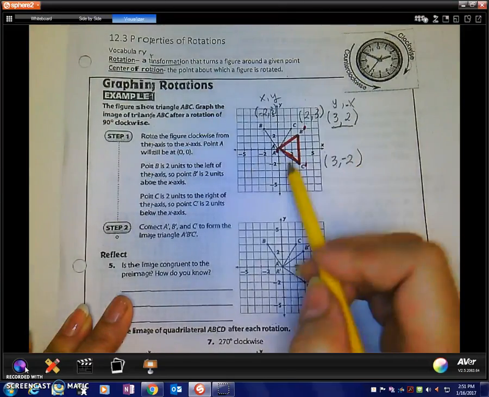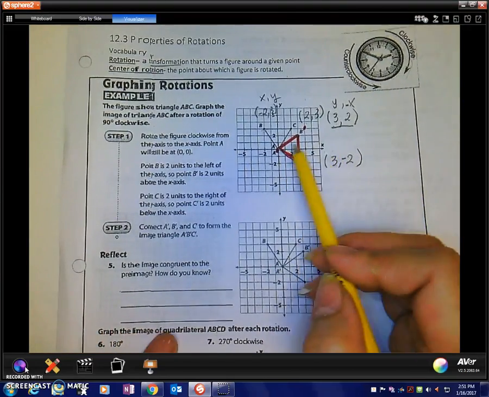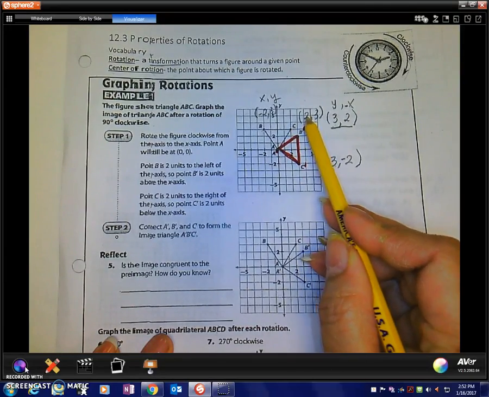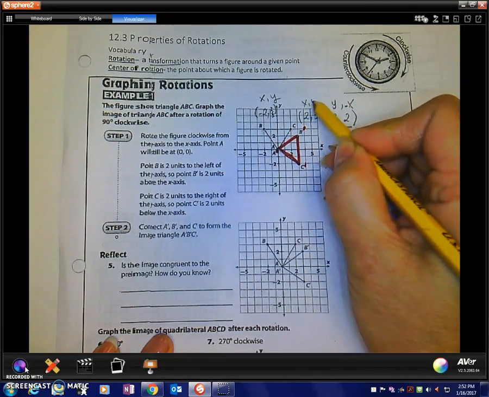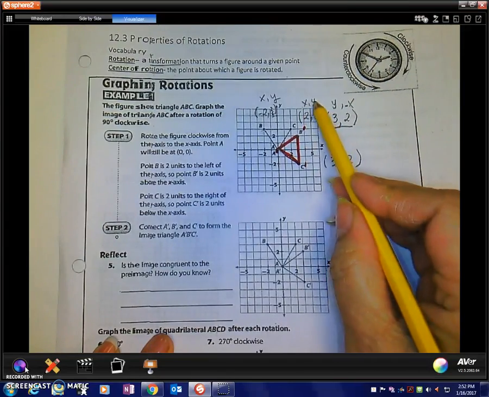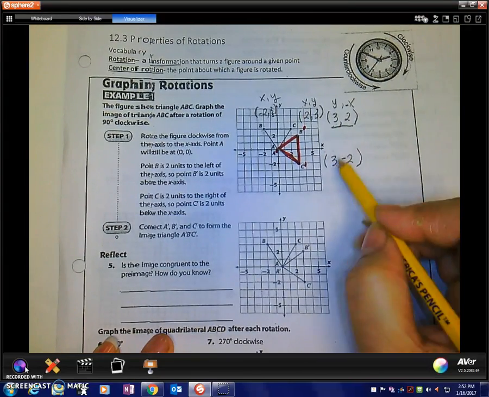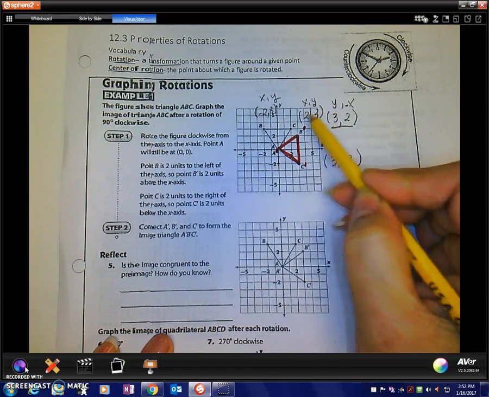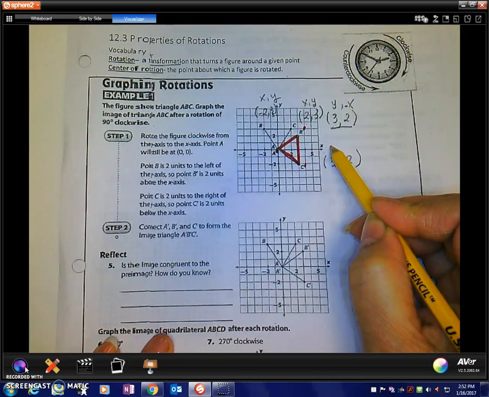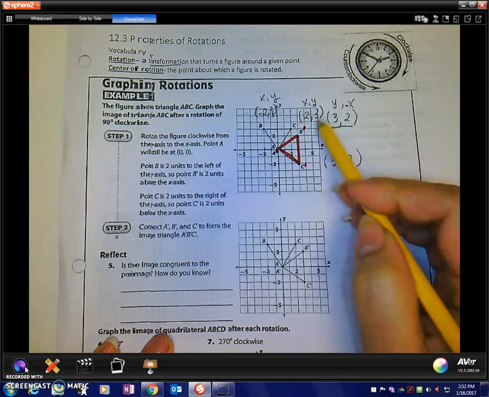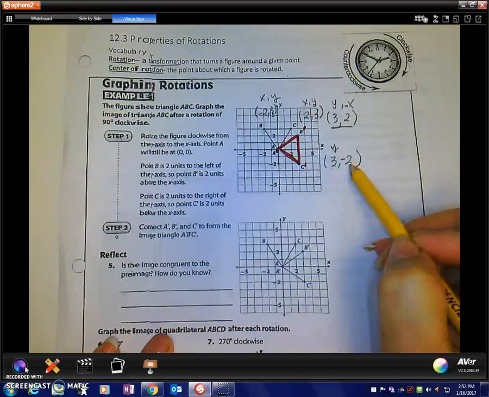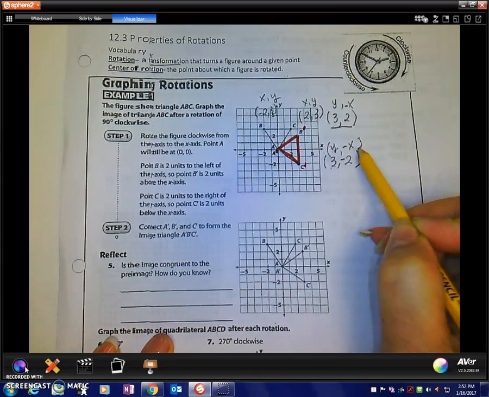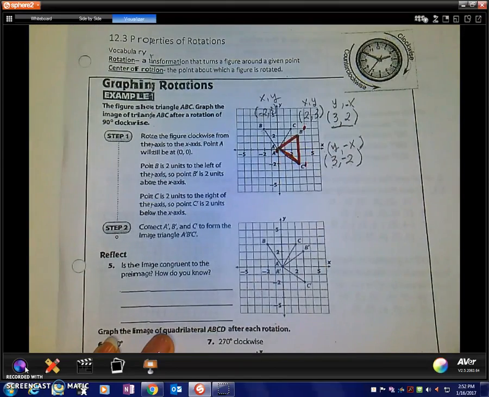Just an example: over here, C prime, originally is (2, 3), that means X and Y. Now the Y becomes the X right here. So you see that? We flip the X and the Y. The Y over here is 3, and the X over here is negative. So A is still A.